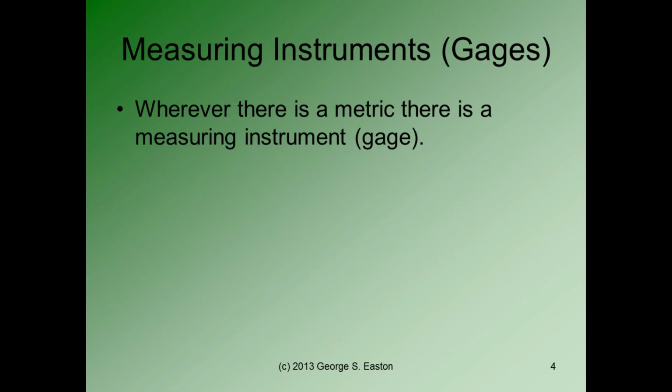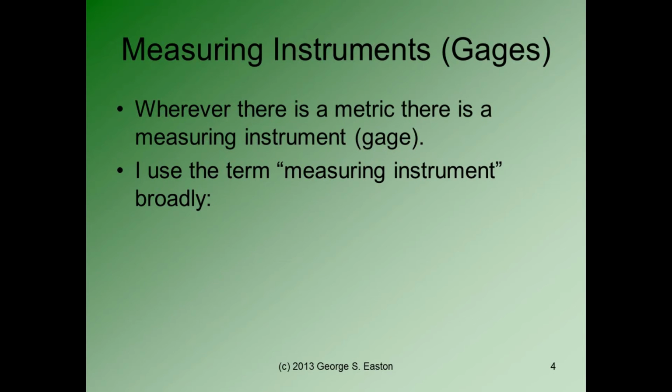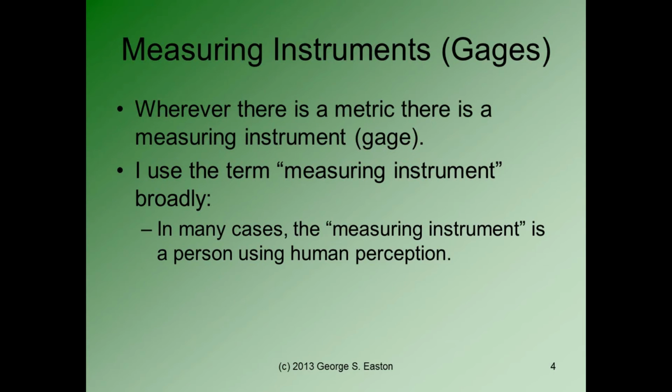Now, wherever there's a metric, there's a measuring instrument. And I'm going to use the term measuring instrument here very loosely because I want it to include the kinds of measurements that are often done by human beings. And in many cases, measuring in organizations involves a human being and a human perception in assessing the measurement.